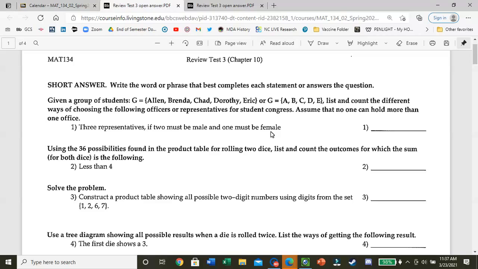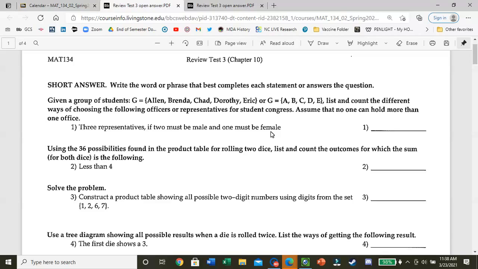All right, you've got Alan, Chad, Brenda, Eric, Dorothy. Am I missing any? Alan, Brenda, Chad, Dorothy, Eric. That's 5.